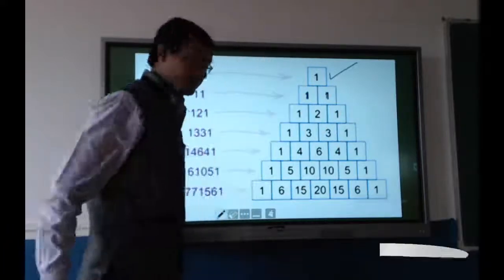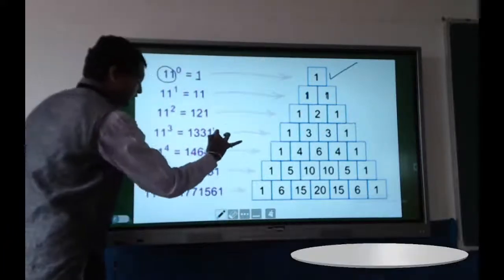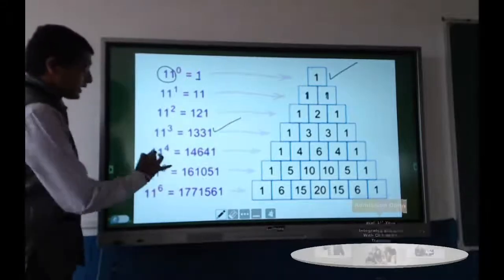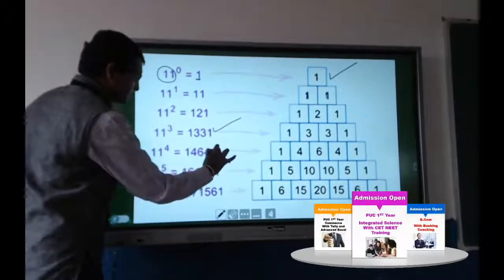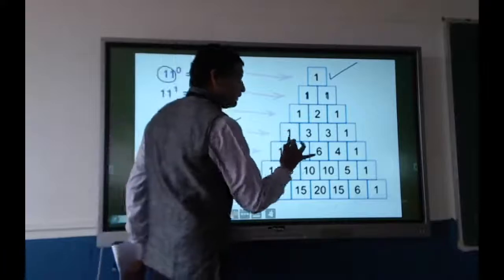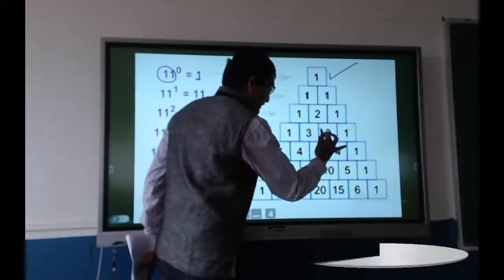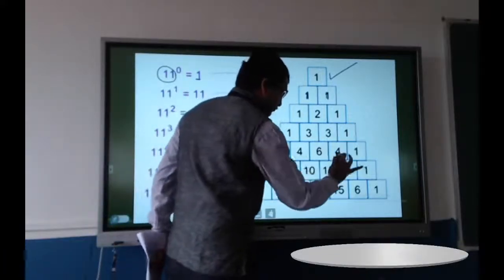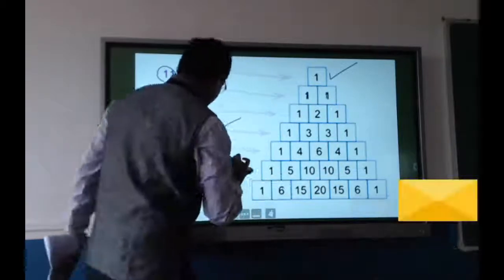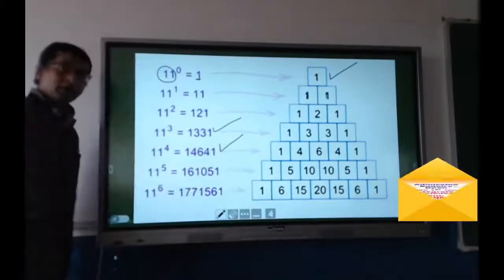We have to carry forward. It is the expansion of 11 cube. Now 11 raised to 4 means 1, 1 plus 3, 4, 3 plus 3, 6, 3 plus 1, 4, 1. We have to carry forward. This is the value of 11 raised to 4.